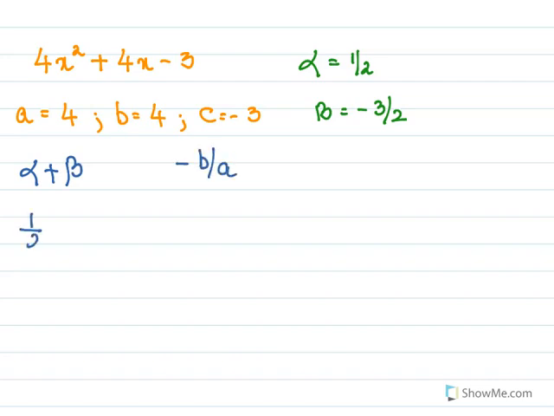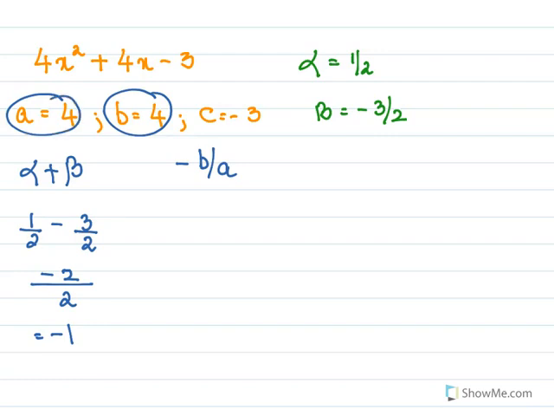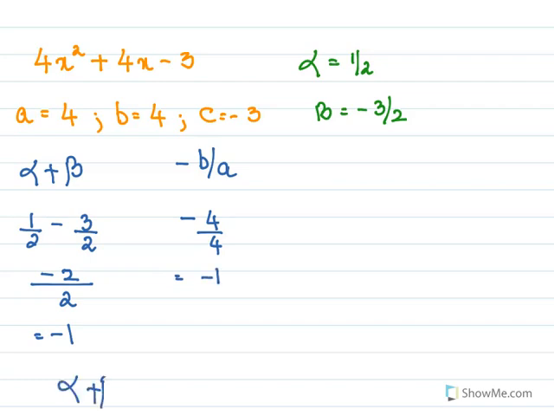Now alpha 1 by 2, beta minus 3 by 2, LCM 2, so minus 2 by 2 equal to minus 1. Minus b by a, here is b and here is a. So minus 4 by 4, which is equal to minus 1. So alpha plus beta equal to minus b by a.